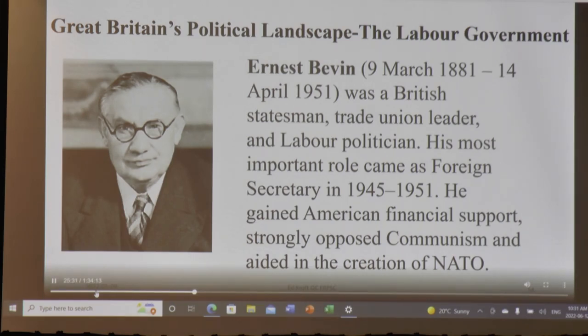Ultimately, however, Great Britain was interested in opposing communism and in the creation of NATO, and as a result, Great Britain's position towards the creation of a Jewish state mollified as time went on in order to please its partners in these endeavors.